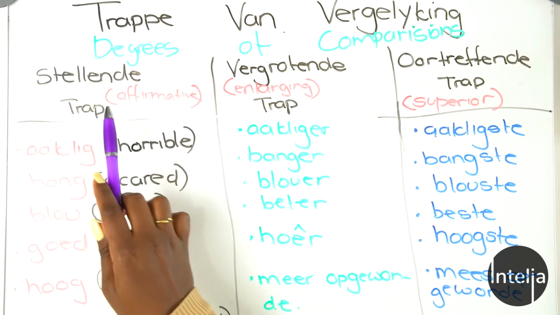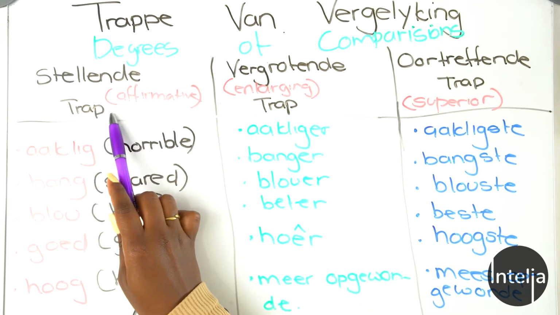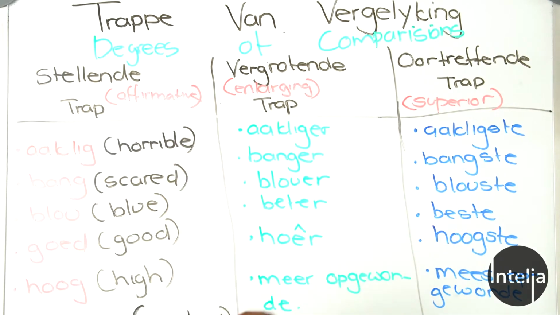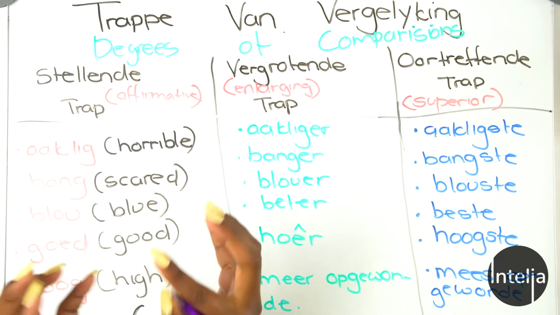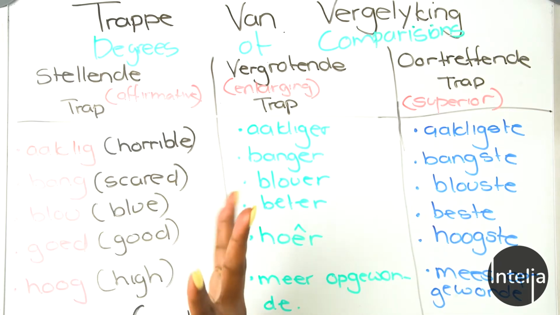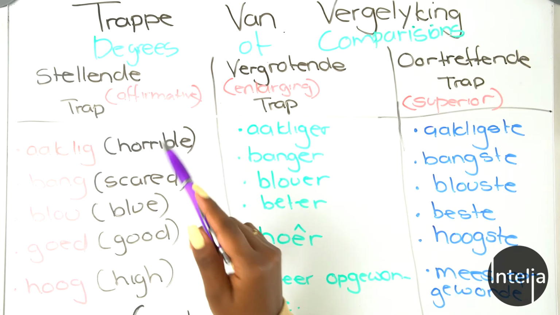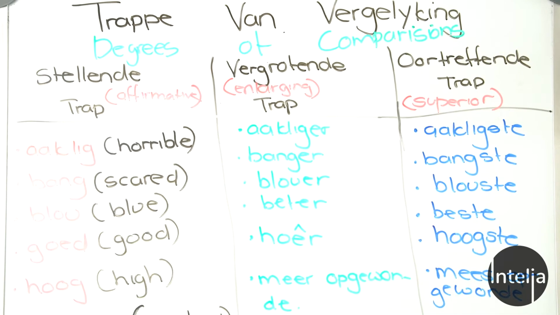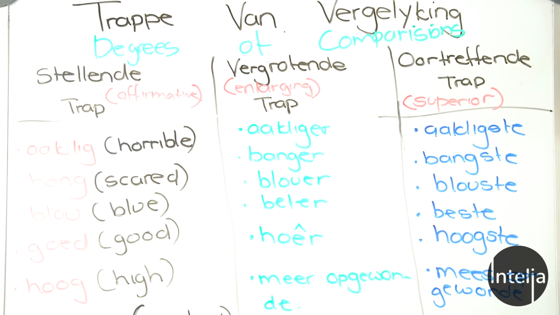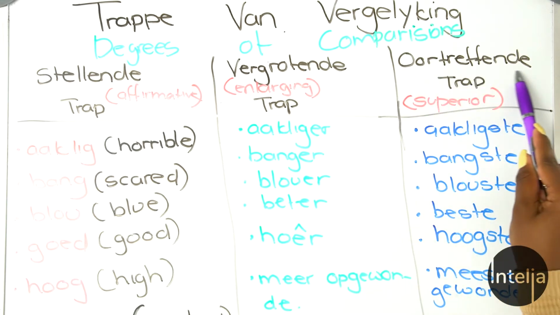So ons het ons stellende trap. Stellende means affirmative. So basically our first word, our original word. Vergrotende trap, our enlarged step. So it's a bit bigger than the first one. Oortreffende trap, superior step. So it can be big, bigger, or biggest.